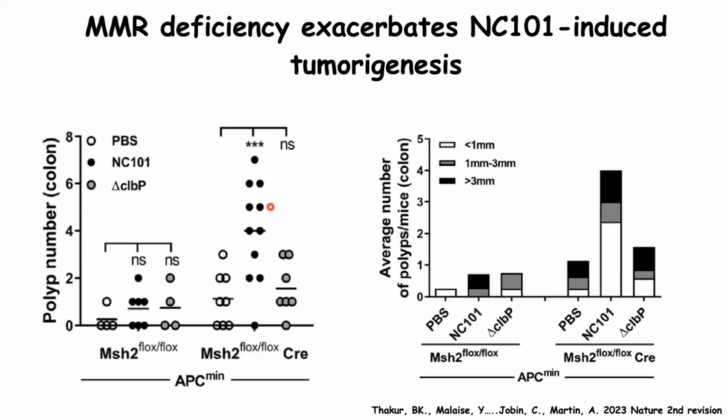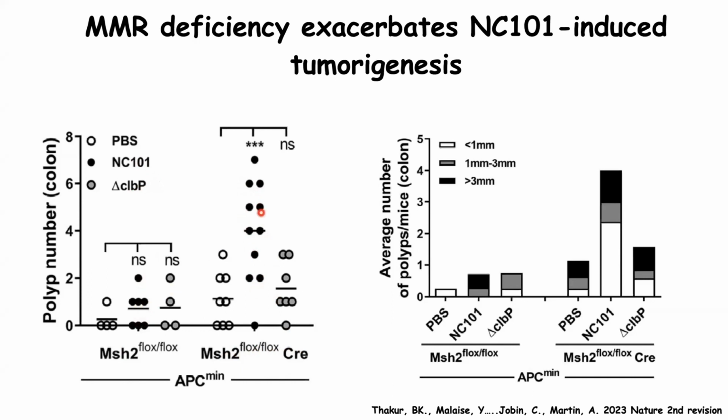And then we introduce the NC101 functional or the delta clbP, the one that is not producing colibactin. And you can see here the increased number of tumors when MSH2 is not present compared to when the mismatch repair is present.